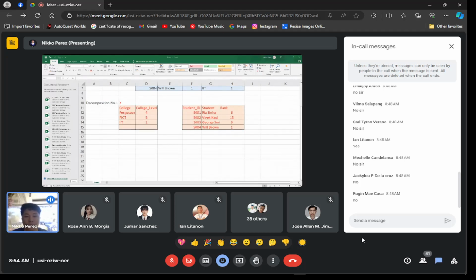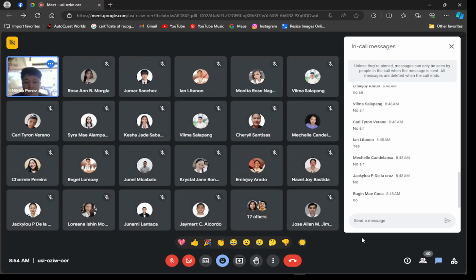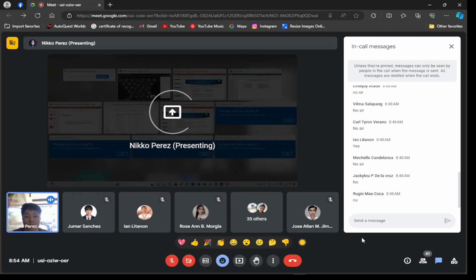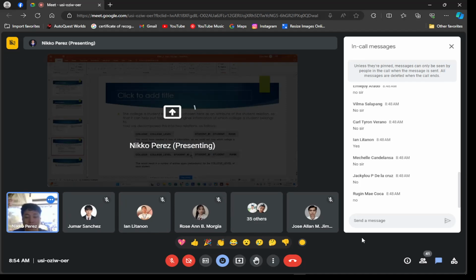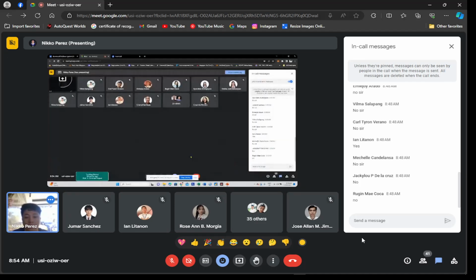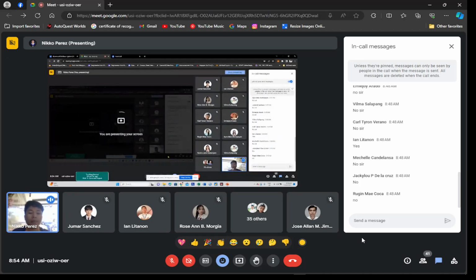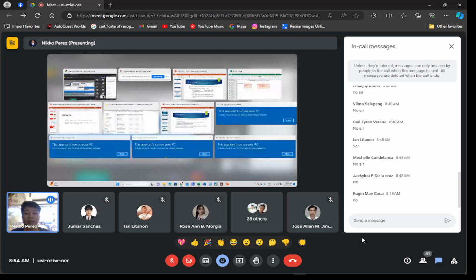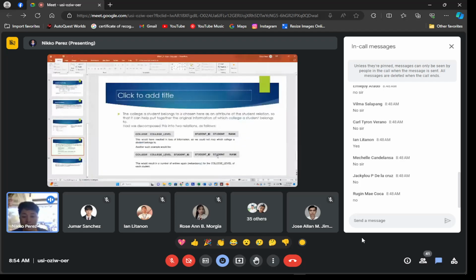So in our decomposition number 2, okay, since na-notice man nato class nga naay problem pa sa previous decomposition. That's why, ang nahitabo dani, if you notice, naay student ID, gi-share kang college nga table.